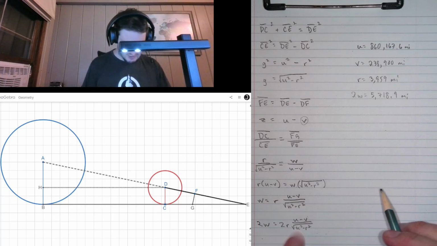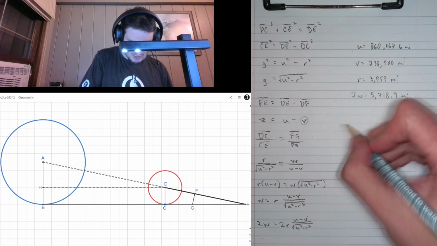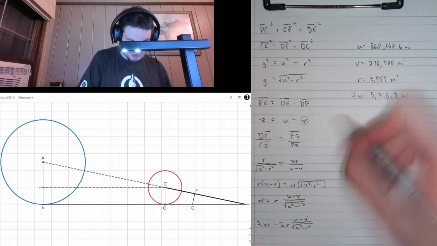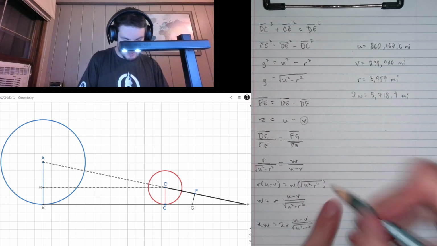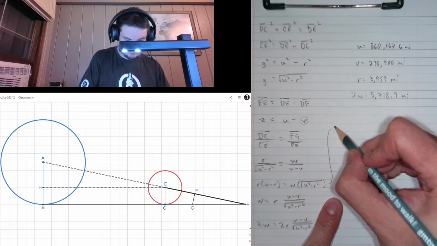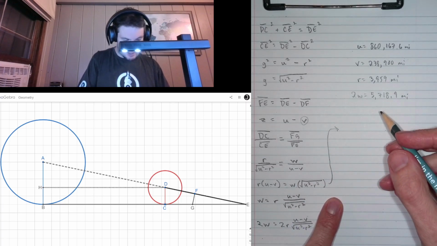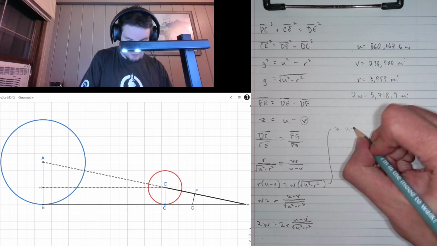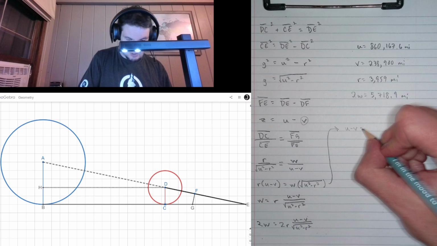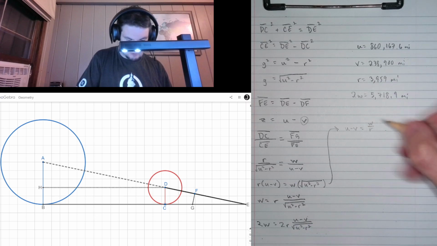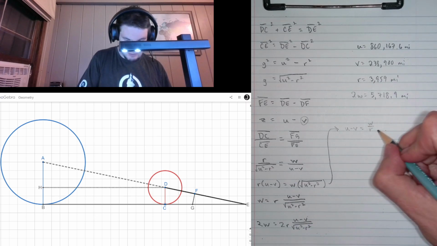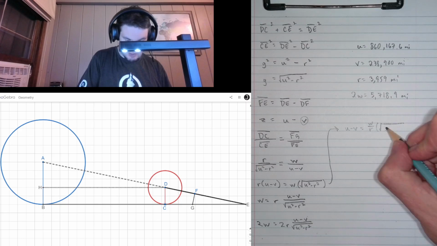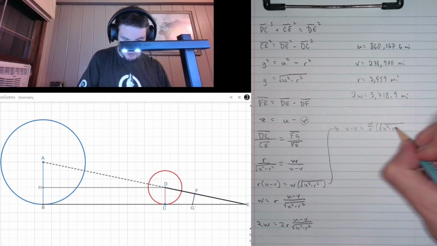We're going to take this same equation. Actually, let's start right here again. We're going to divide both sides by R. So we get U minus V equals W over R multiplied by the square root of U squared minus R squared.